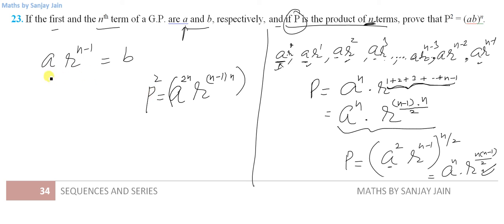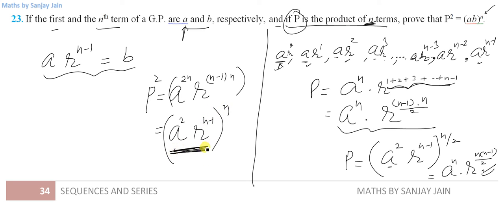Now let us use this relation here. And to use this, because I need a b raised to power n, the first thing I should do is take n outside of this. A squared r raised to power n minus 1, raised to power n. This is how we can write it.